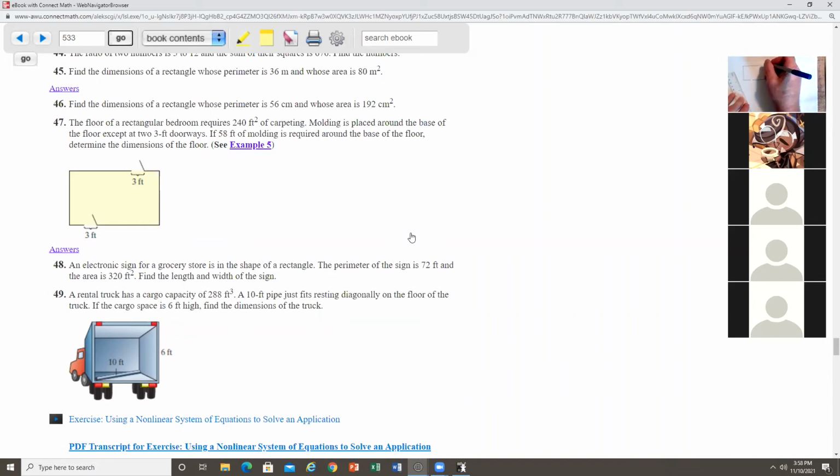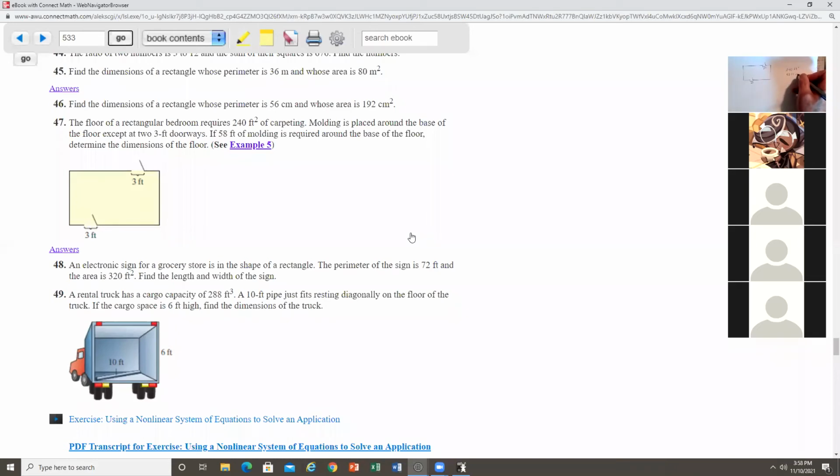We have a door here and a door down here. This is 3 feet, and this is 3 feet. Now they tell us the area of this floor is to be 240 square feet, and that we have 58 feet of molding.